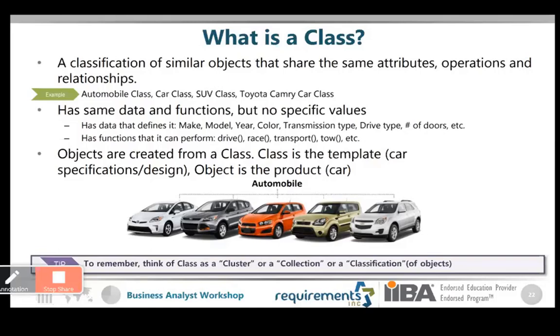I give you something to photocopy. Every copy that you make is an object. The primary photocopy, that is the main concept, that is your class. Make sense? Now, remember these C words. If it's a class, it has to be a cluster or a collection or a classification of objects, right? Collection of things.